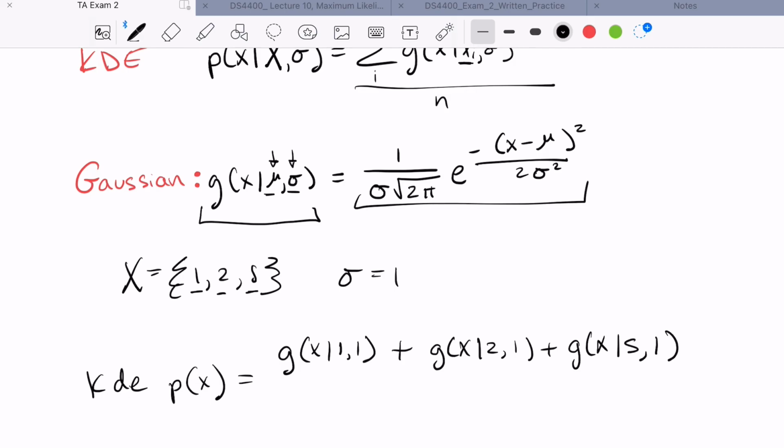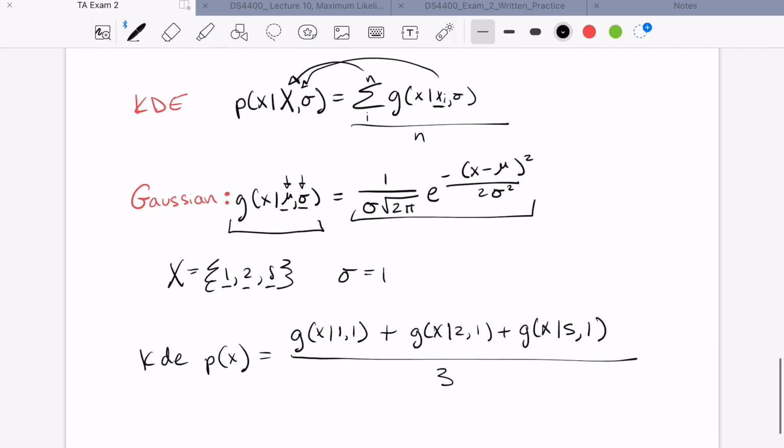And remember, this is the average, so we need to divide this by 3. And that is our p of x.